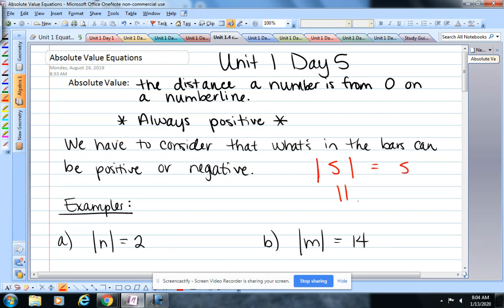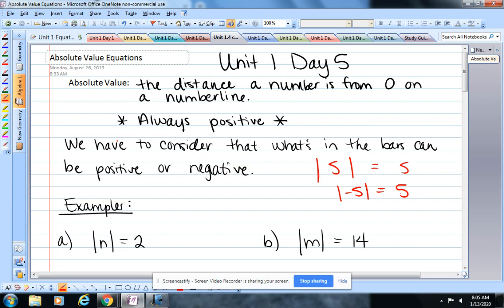And what's the absolute value of negative 5? 5. So both of those have an absolute value of 5, don't they? The absolute value of positive 5 is 5, and the absolute value of negative 5 is 5. So anything that's in the bars, especially if there's a variable in the bars, like what we're going to do to solve these equations, we have to consider the solution being both positive and negative. So when we solve an absolute value equation, we have to solve 2 equations.